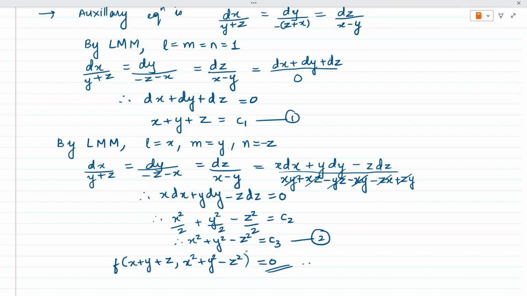If you look at your syllabus, there is no mention of Lagrange's multiplier method. What is mentioned is the Cauchy problem and finding the general solution or the solution of the Cauchy problem. When they say finding general solution, you will apply Lagrange's multiplier method and find the answer.